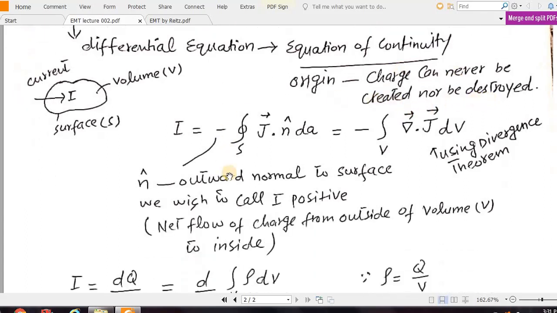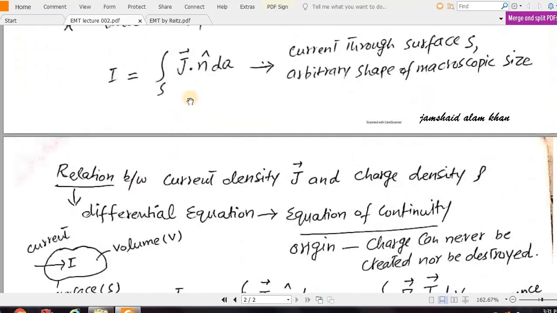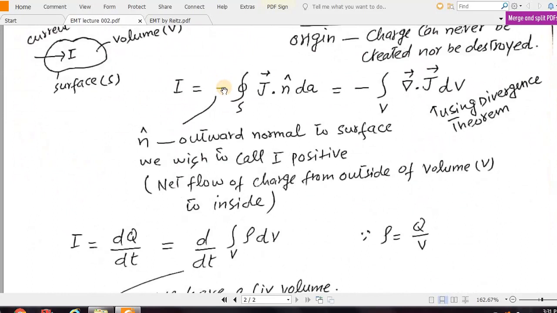Let us consider a volume V enclosed by the surface S, and the current is flowing inward to that volume V. The above equation of current is now written in this form: minus the closed integral over the surface S of J dot n into dA.